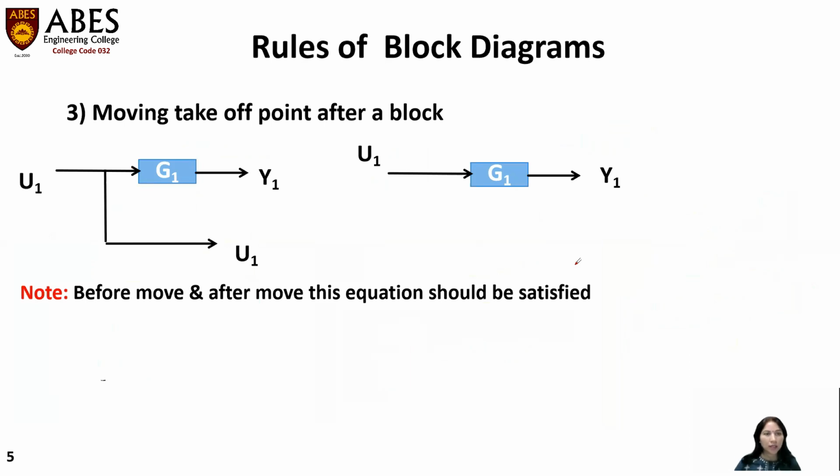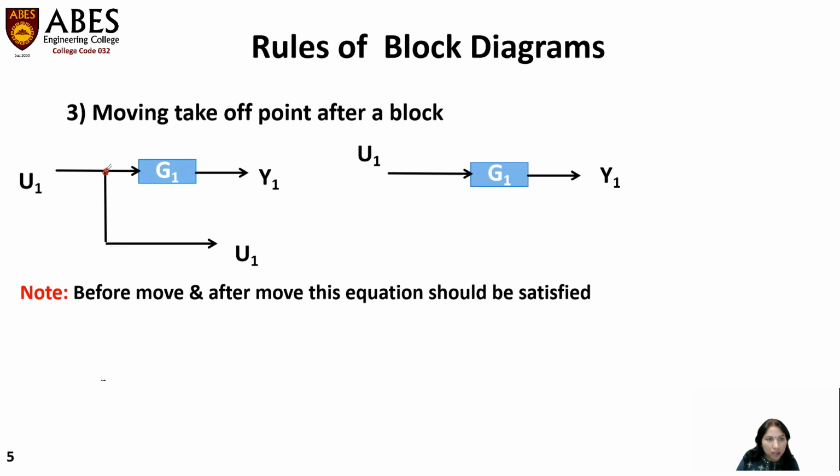Now the third rule is moving the takeoff point after a block, right? So for this, first understand which point is called the takeoff point. Just look at this figure on the left hand side. Here input signal U1 is coming towards the G1 block, right? And the same signal I'm fetching from this point, U1.